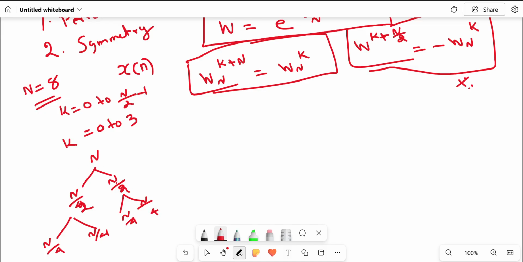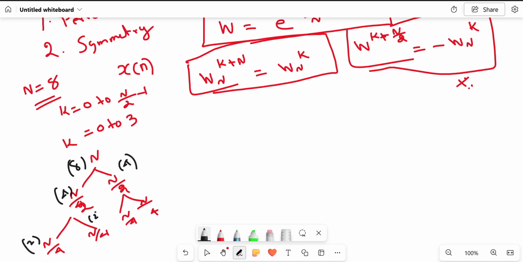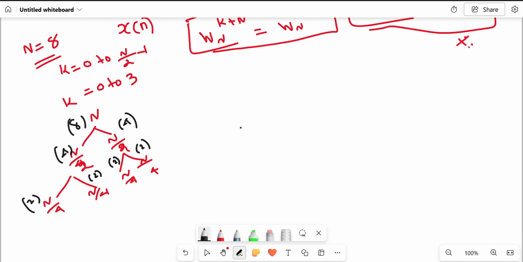So this is an 8-point divided into 4-point, again divided into 2-point. Okay, the decomposition will be continued until you get the basic 2-point DFT computation.